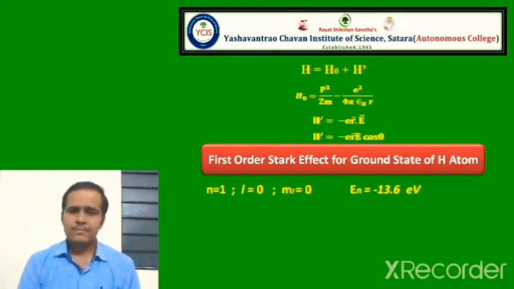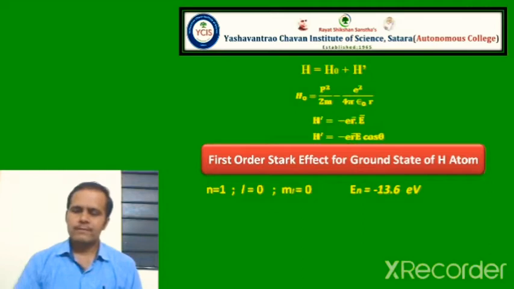As we know, the first energy level or first orbit has energy minus 13.6 electron volt. When the hydrogen atom is in the ground state, that single electron will be in the first orbit only, and hence the energy is minus 13.6 electron volt. So this is the ground state of hydrogen atom.